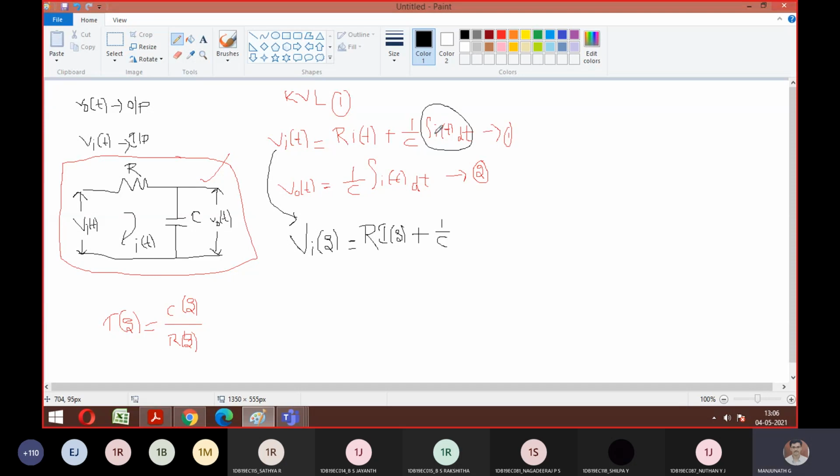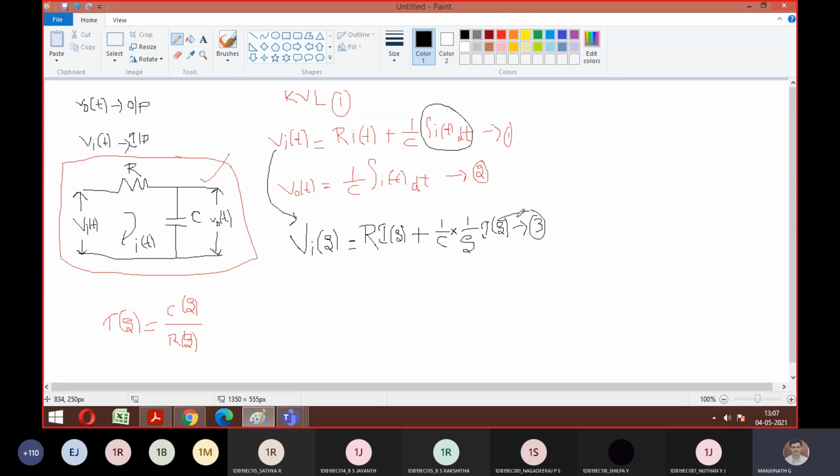Integration is nothing but 1 by S. So 1 by S into I of t becomes I of S. I hope this point is clear to everyone. Is it okay, guys? This becomes equation number 3.